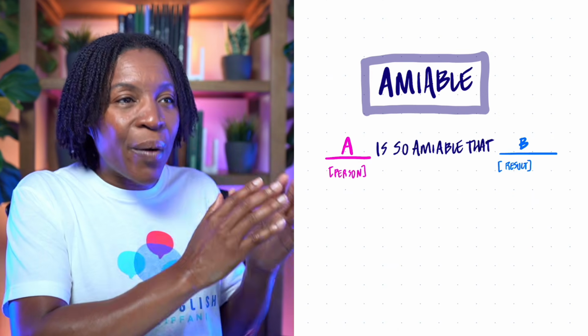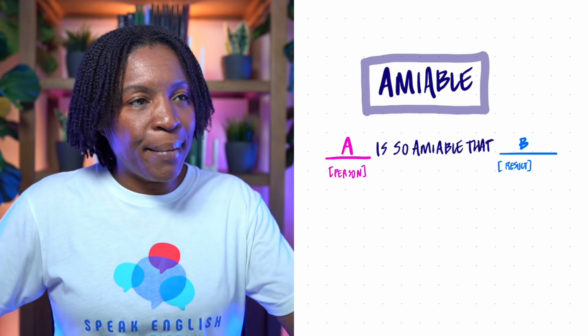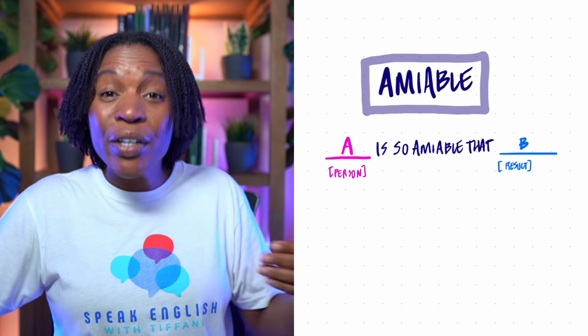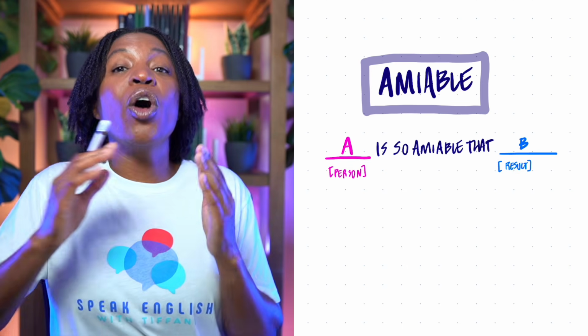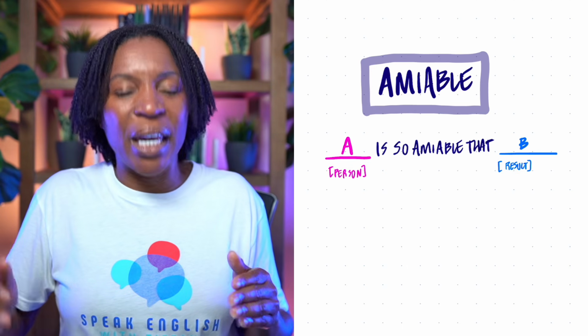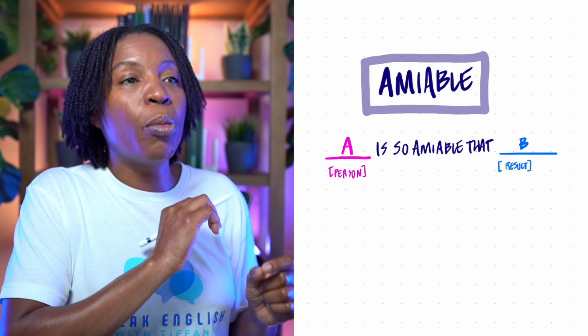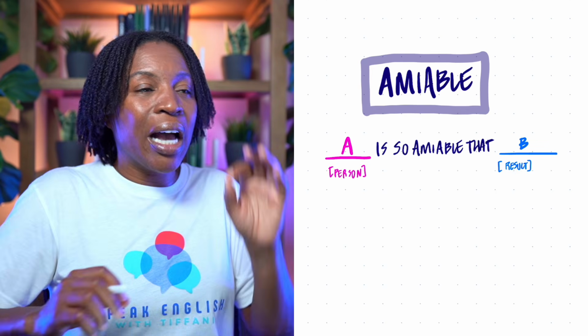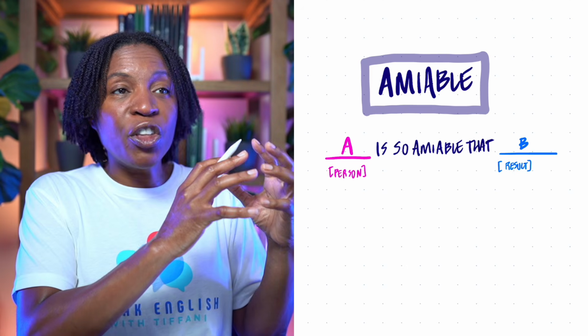Let's check out a very simple sentence structure using this word amiable. Here's the simple sentence structure. A is so amiable that B. Again, A is so amiable that B. A stands for the person.